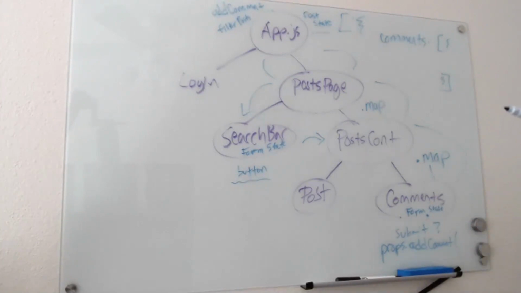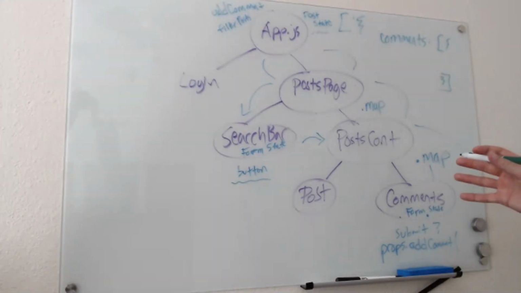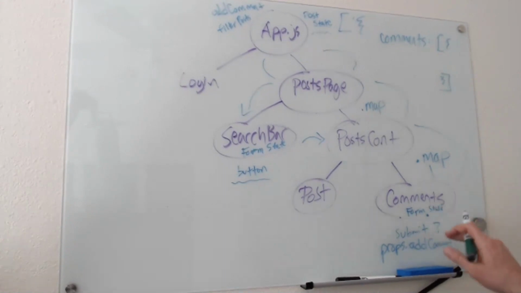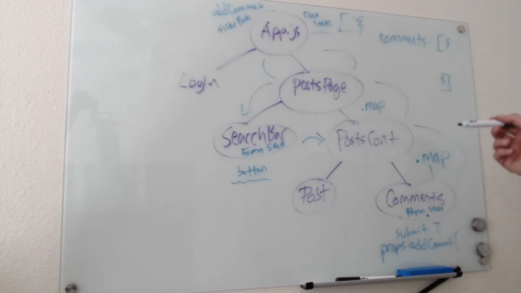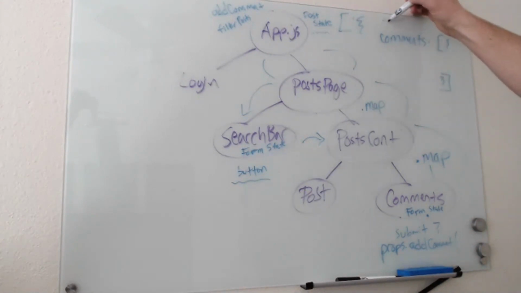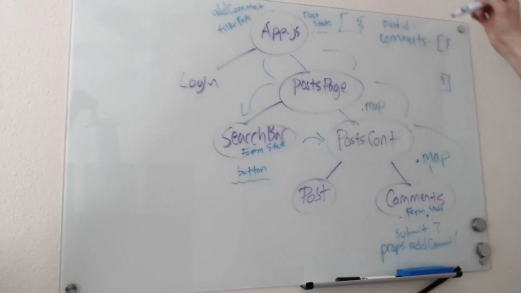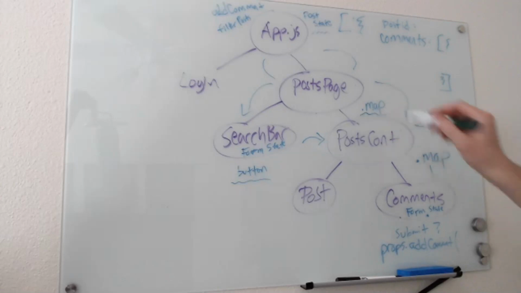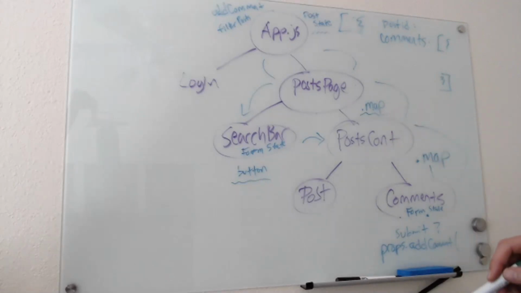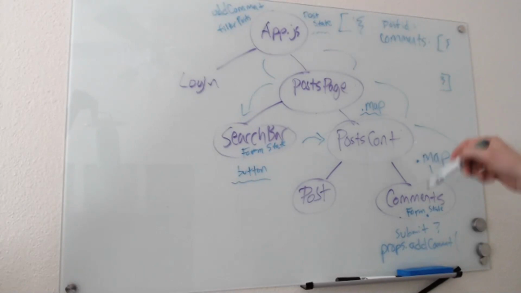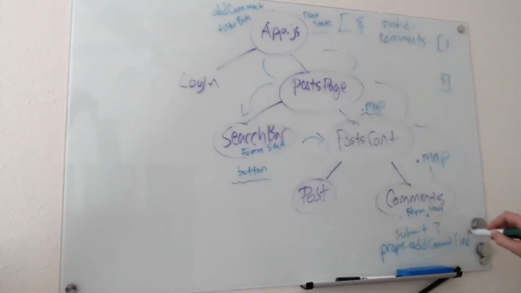And maybe not right now. You probably won't be able to look at this and say, okay, I know I'm going to need the post ID. I don't think there is a post ID. I need to know exactly which post I'm looking at because I'm inside a map. So since I'm inside a map, I need to know what post I'm looking at. So I'm going to pass in, I guess we'll call it the index.